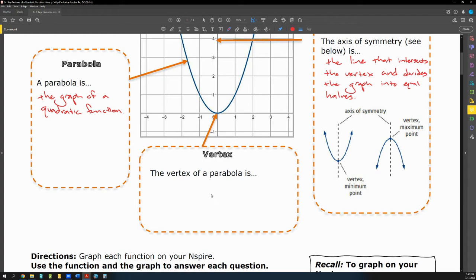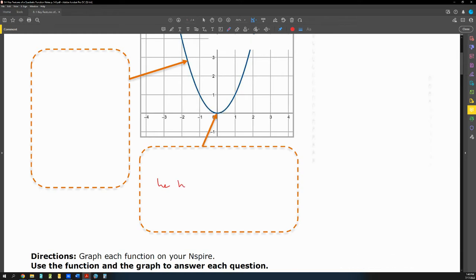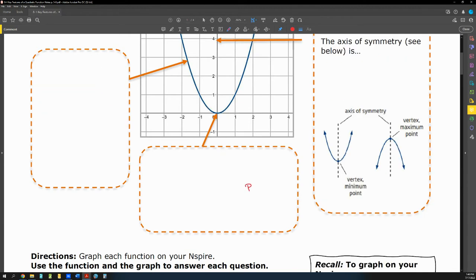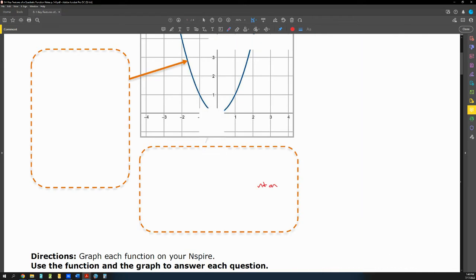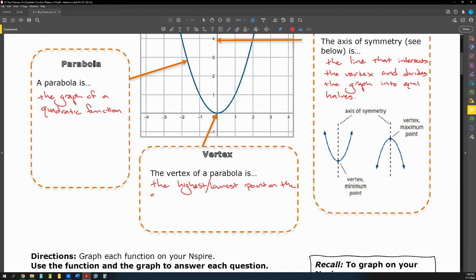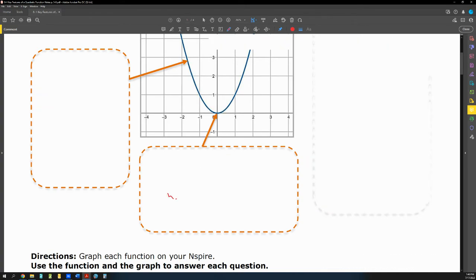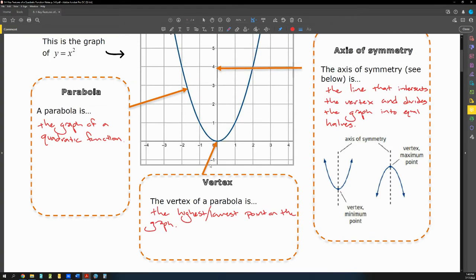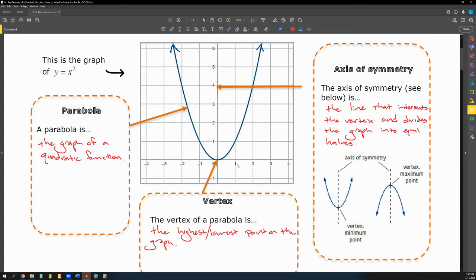The vertex of a parabola, or the vertex of the graph of a quadratic equation, is the highest or the lowest point on the graph. Or in other words, it is a maximum or a minimum of the graph of the function.